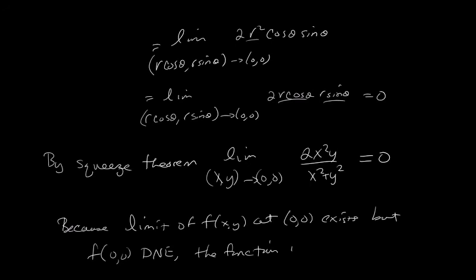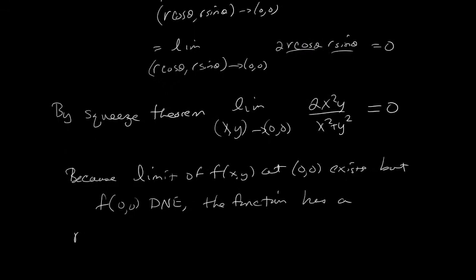It is discontinuous, we know that, but the function has a removable discontinuity at (0, 0). So that's a special kind of discontinuity. We're going to call that a removable discontinuity because it's continuous everywhere except at that singular point.